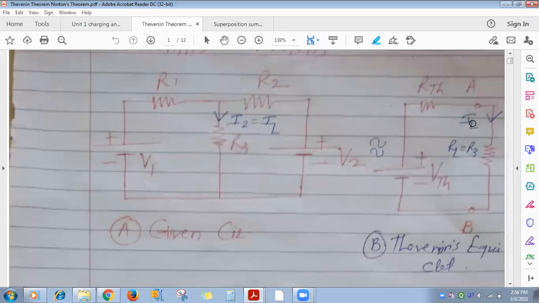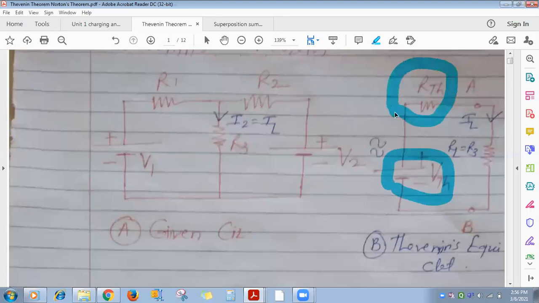Now for what value of VTH and for what value of RTH will RL and IL in both the circuits be same? That is Thevenin's theorem. You have to calculate VTH, Thevenin's equivalent voltage, and RTH, Thevenin's equivalent resistance.